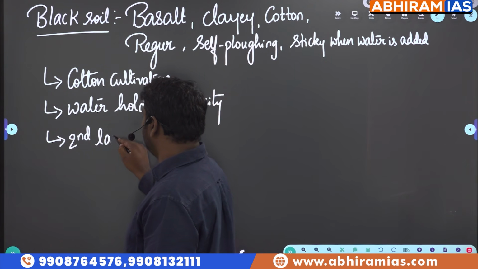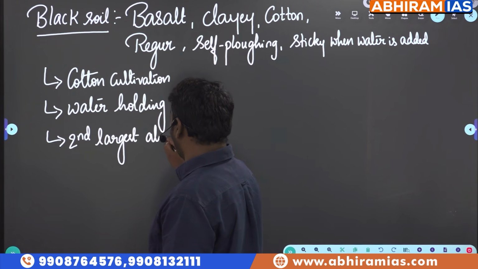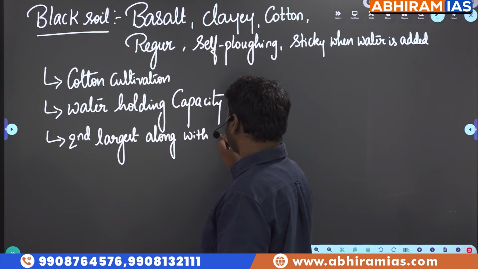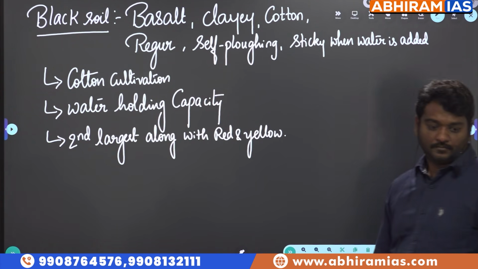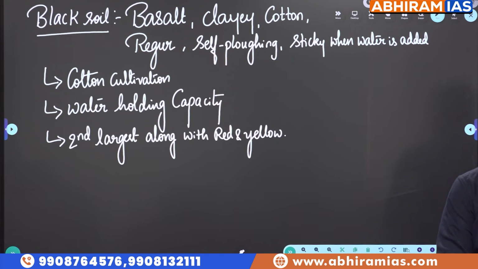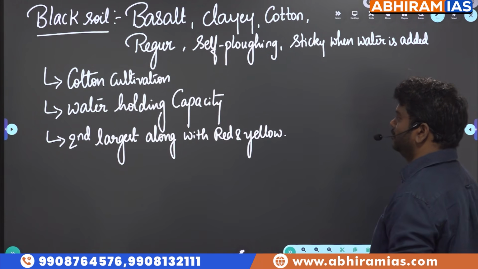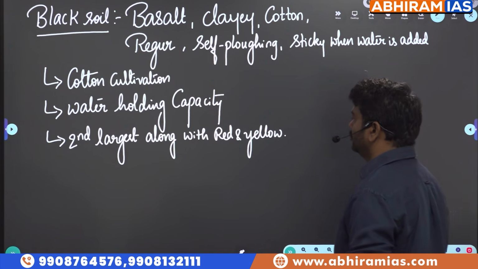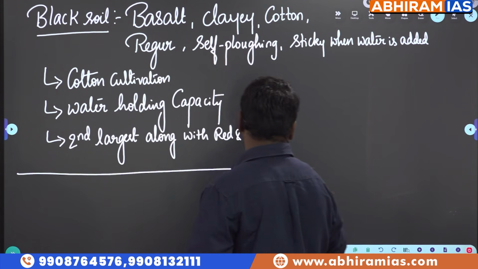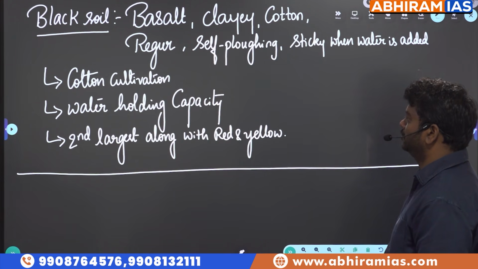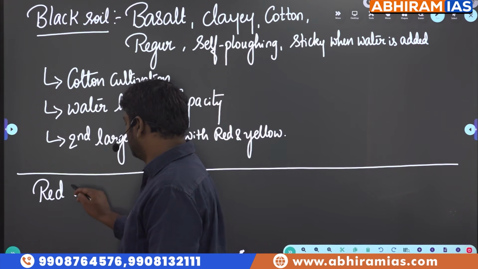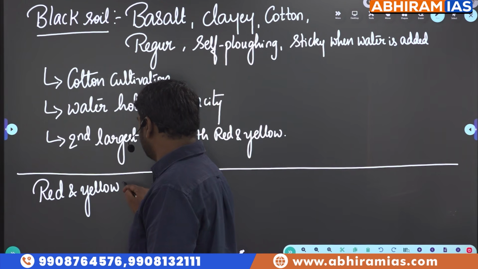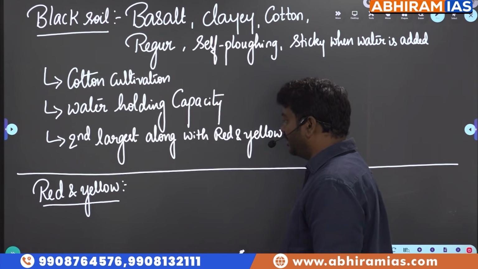Second largest in India, along with red and yellow. Third, red and yellow soil.